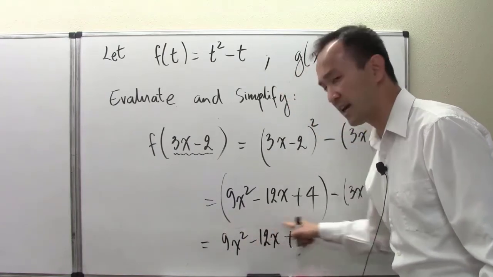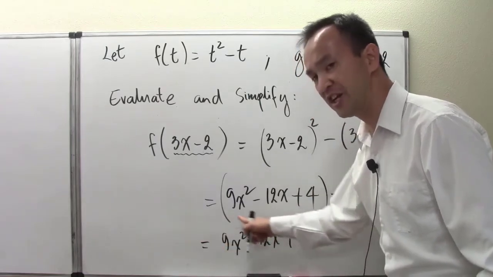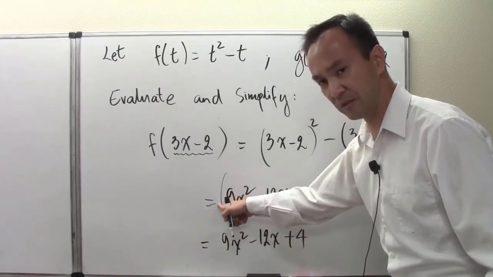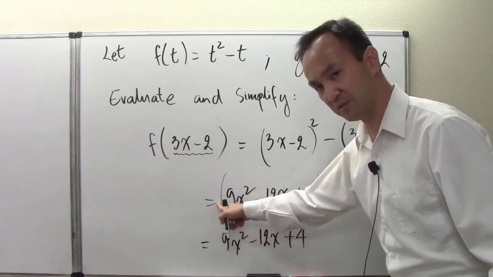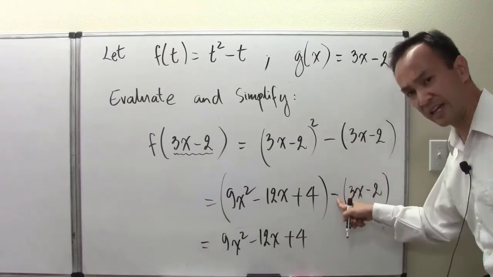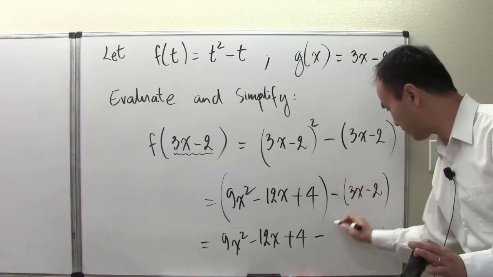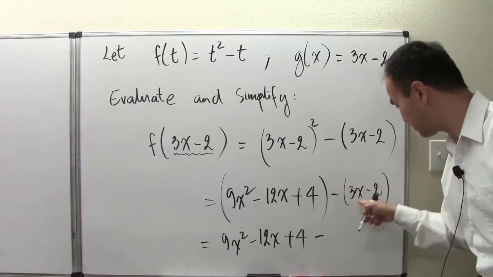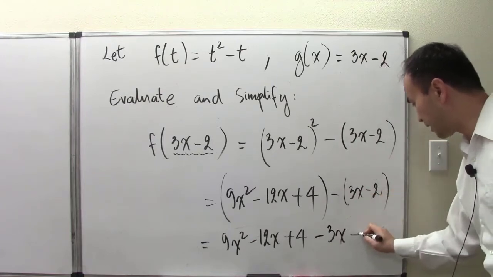I have just taken away the parentheses without worrying about sign change, because in front of the first group there was a positive sign. But for the next group, due to that negative sign in front of the parentheses, I'm going to have to switch sign for every term. So positive 3x becomes minus 3x. Minus 2 becomes plus 2.